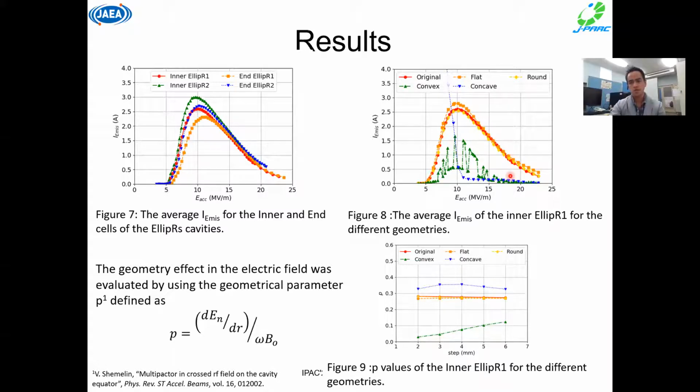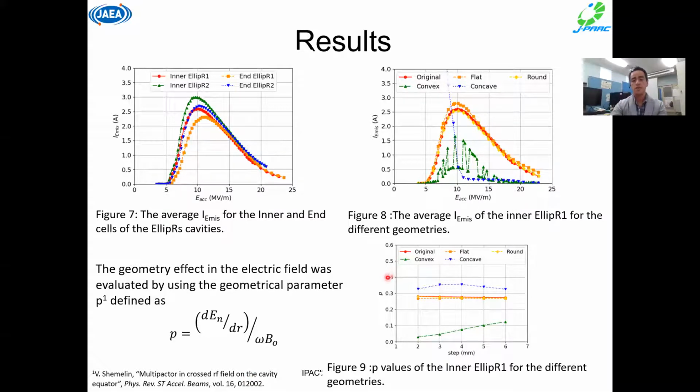In order to understand better how this geometry affects the multipacting, we evaluate the so-called geometrical parameter, which is introduced here, which is the derivative of the normal electric field with respect to the transversal size divided by the magnetic field. This was introduced by Shemelin in this reference.